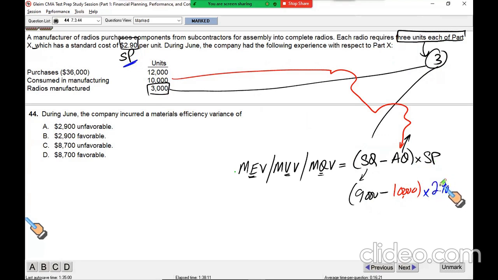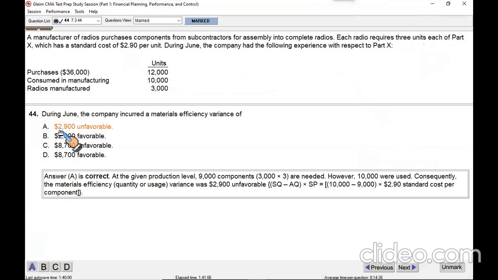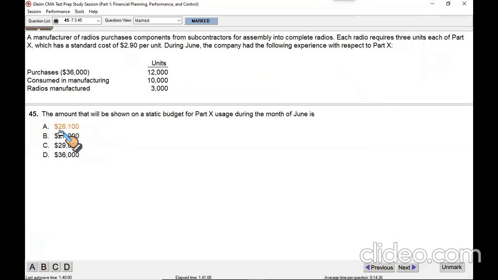You need to know your formulas and just plug in the numbers and you'll get your answer. So if you solve this, 9,000 less 10,000, clearly it's negative, times 2.9. Negative in my formulas would mean unfavorable or adverse. So it is 2,900 unfavorable. That makes A the correct option, right? And A it is. Next.